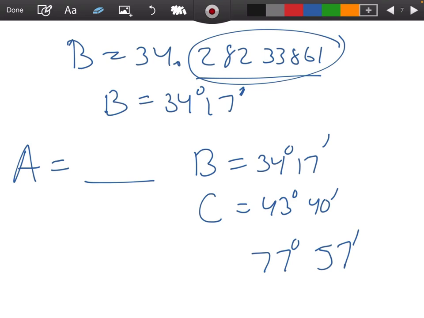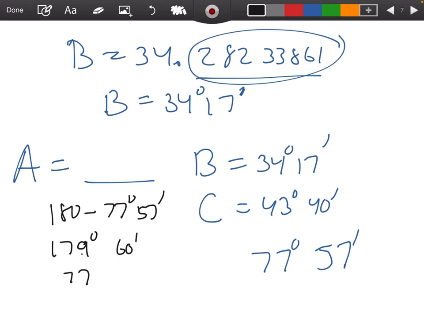So 180 minus 77 degrees, 57 minutes. I can write that as 179 degrees and 60 minutes minus 77 degrees, 57 minutes. So that should be 102 degrees, 3 minutes.